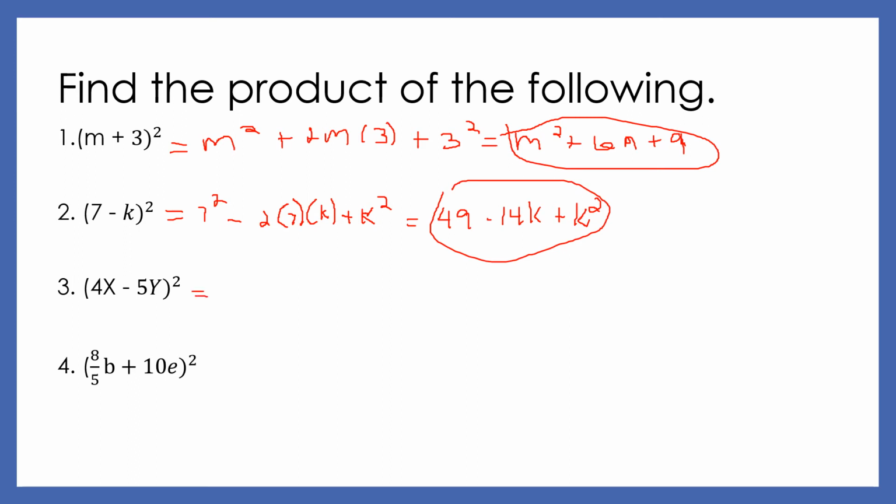Next here, we have (4x - 5y) squared. We square the 4x, minus 2 times 4x times 5y. Guys, remember the pattern.